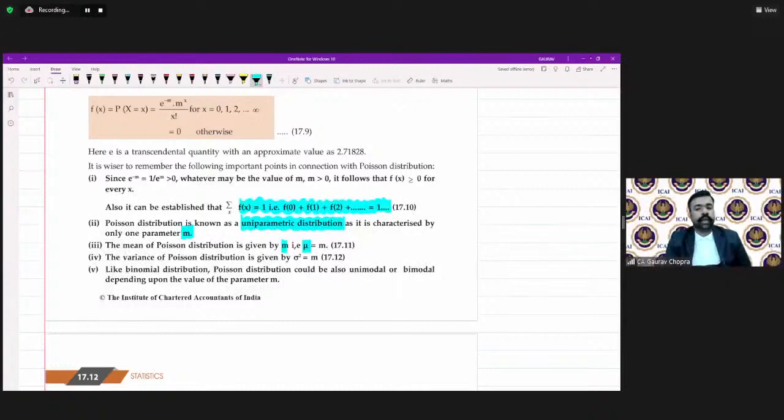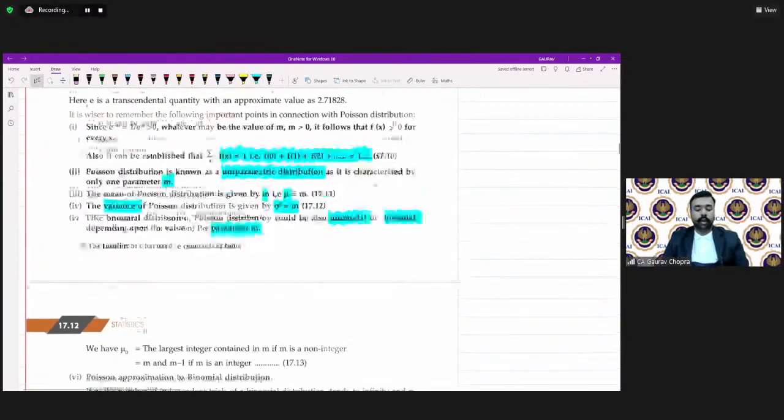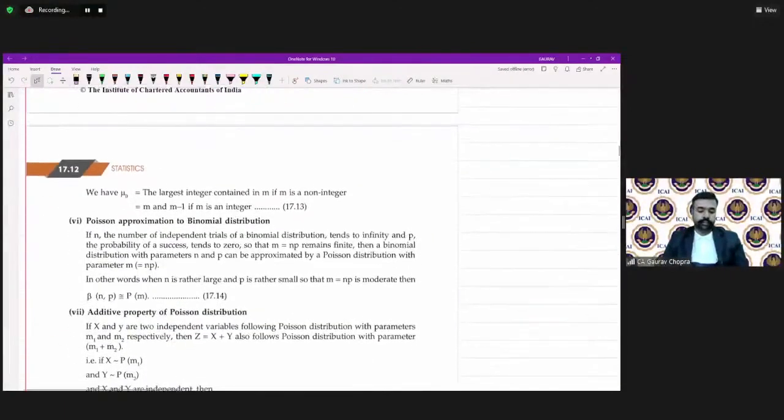The formula is simply n into p. And variance in case of Poisson is equal to mean. So mean and variance are equal. Similar to binomial, Poisson can be unimodal or bimodal, depending basically on the parameter m. So m, that is mean, is the only parameter on which it depends.